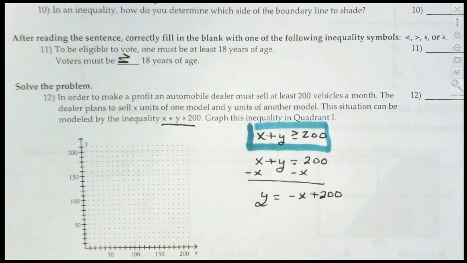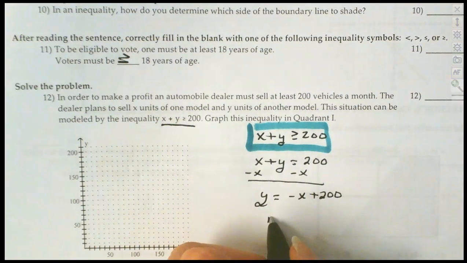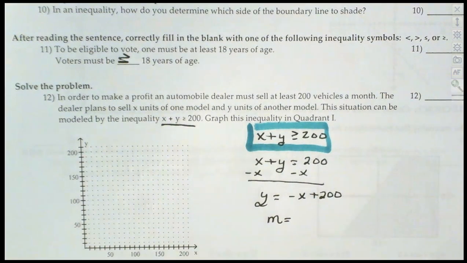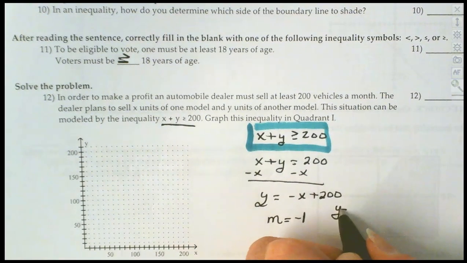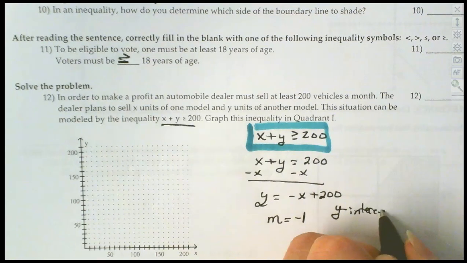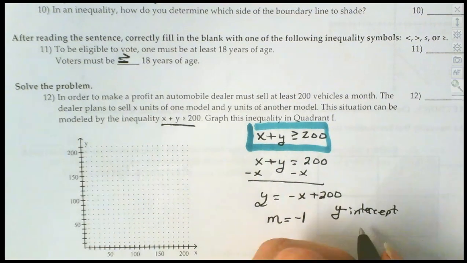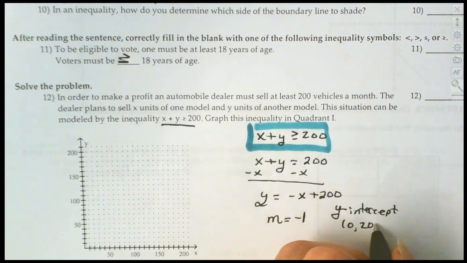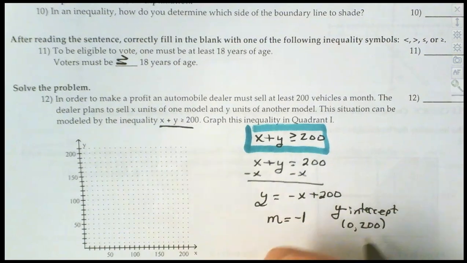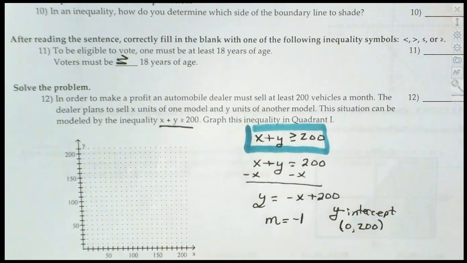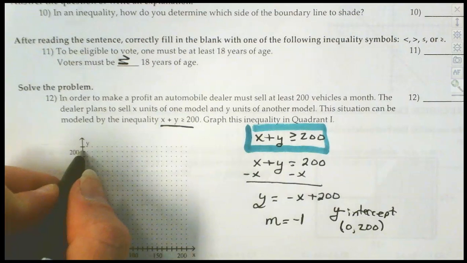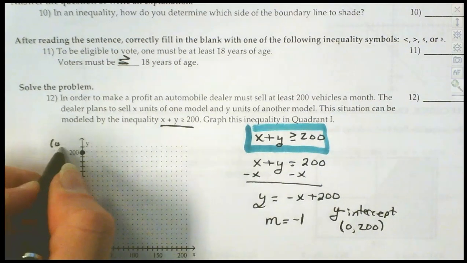Now, how do I graph it? Well, what's my slope? My slope is negative 1. And what's my y-intercept? 0, 200, right? Okay. So where's 0, 200 at? That's up here.